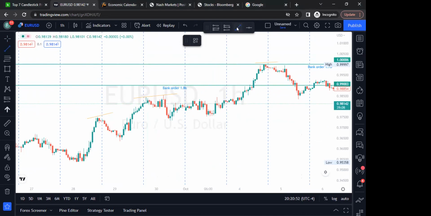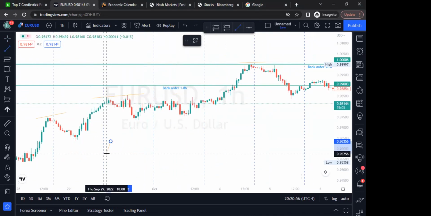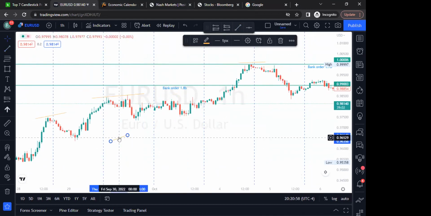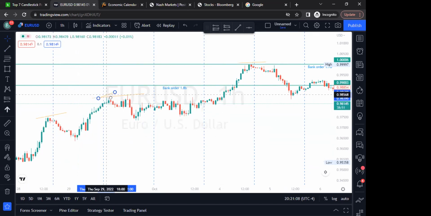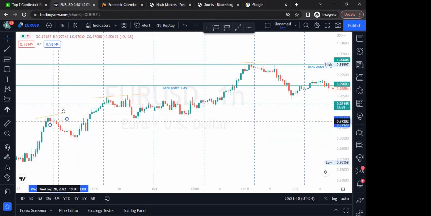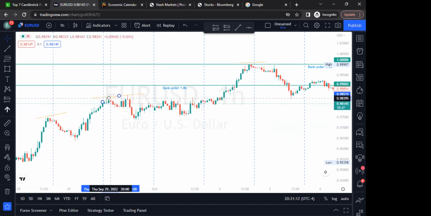Okay, let's see if I can make this look better. Let's zoom in a bit. As you can see right here, this is what we would call a high because the price rejected going downward towards this area and made a low, and then it became higher than this last high. So we call it a higher high.